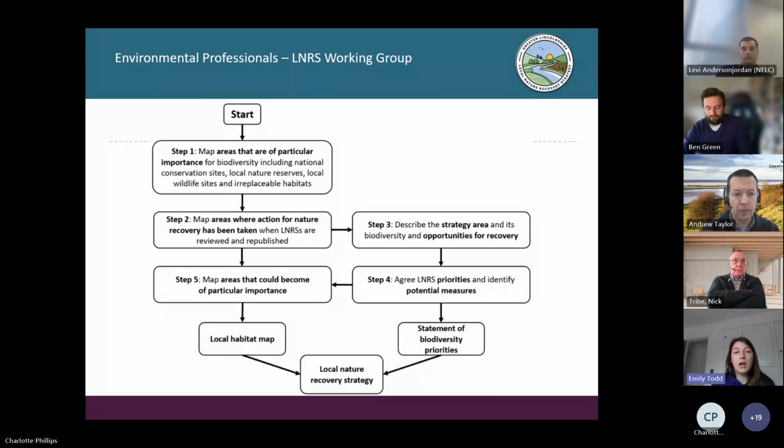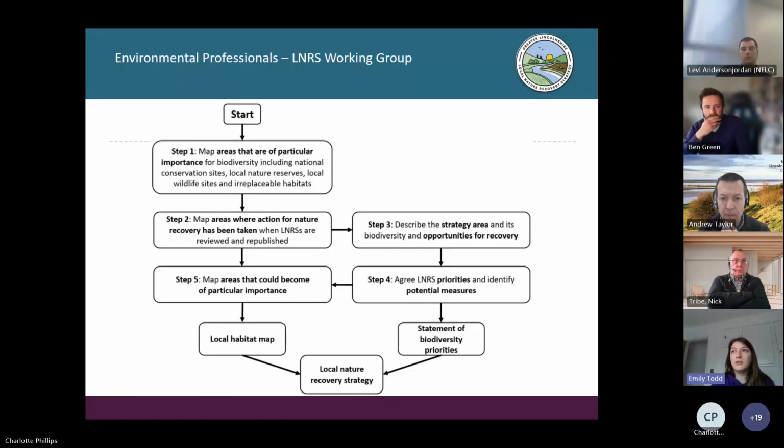These include national conservation sites, local nature reserves, local wildlife sites, and irreplaceable habitats. The irreplaceable habitats are those identified by BNG guidelines. There is a consultation later this year to further define irreplaceable habitats.